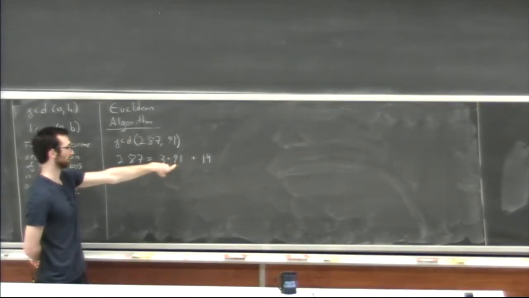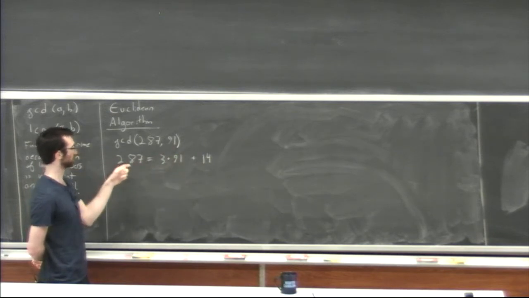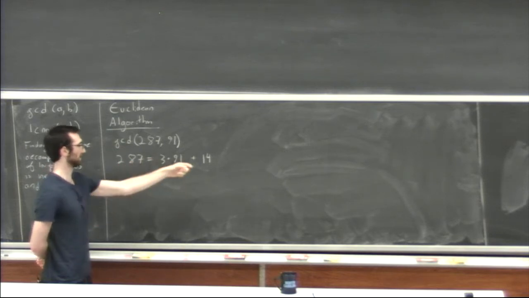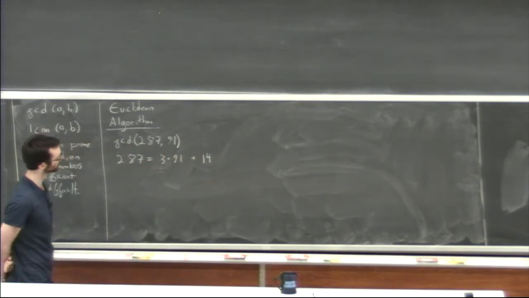It's easy to see that if I do 4 times 91, I get something like 360 whatever, so 3 should give me something like 273, then 283, 287. So indeed, this works out.